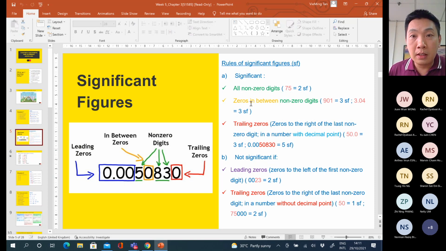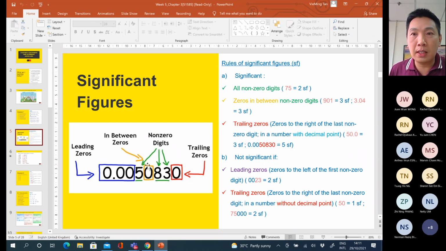Any more? Yes. Also the 0 in between non-zero digits, such as this one, the yellow one. This yellow 0 is in between 2 non-zero digits, so this 0 should also be considered a significant figure, meaning it has a meaning there.